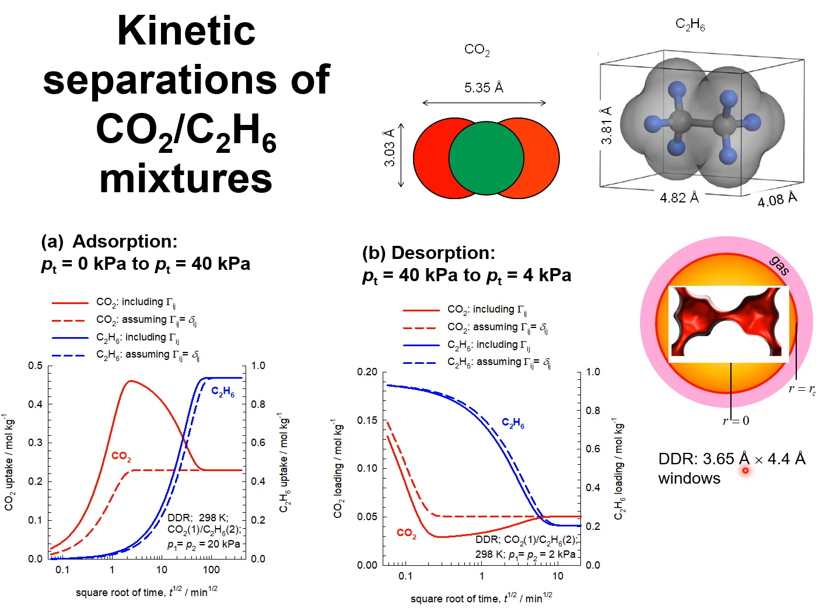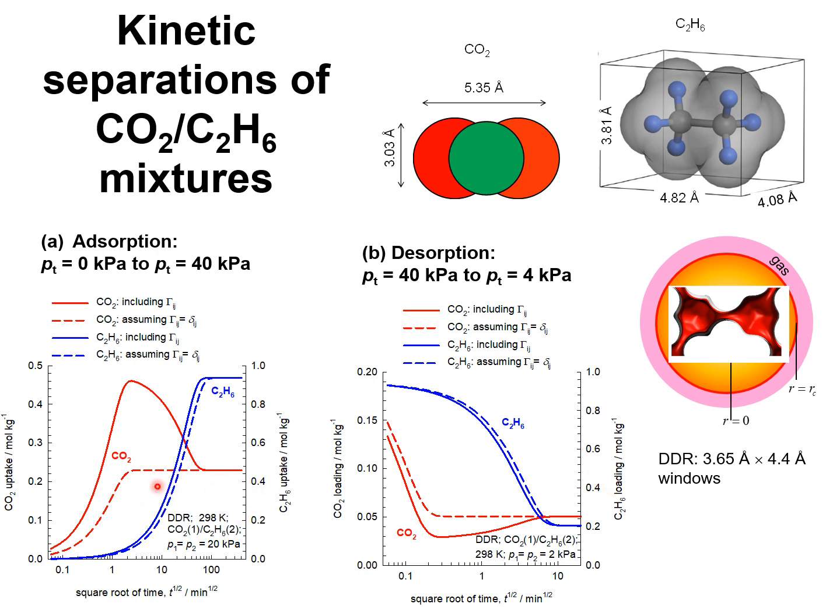The minimum aperture is 3.65. The pencil-like CO2 molecule has a significantly higher diffusivity, that is a factor 50 higher than that of ethane, that is bulkier.